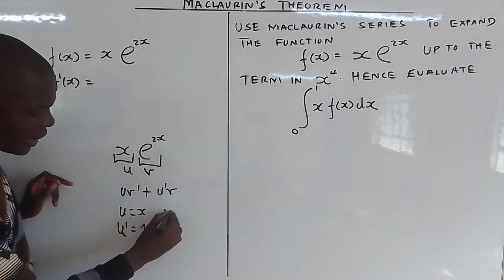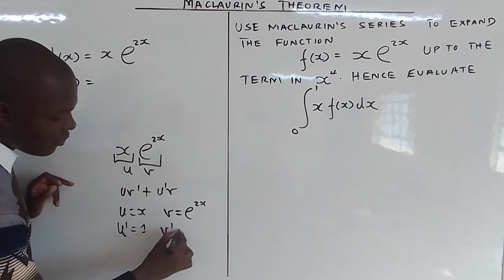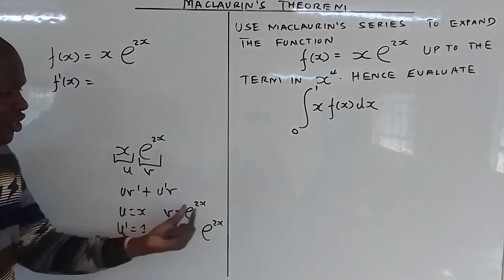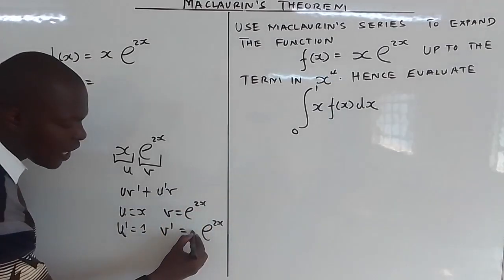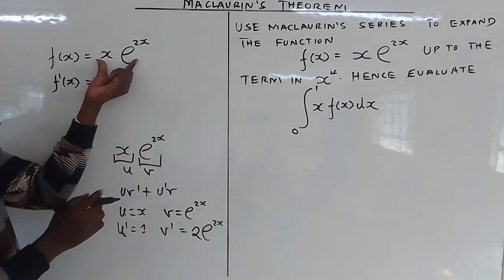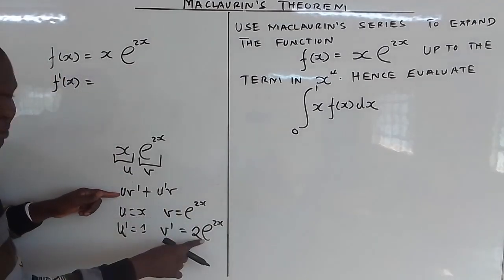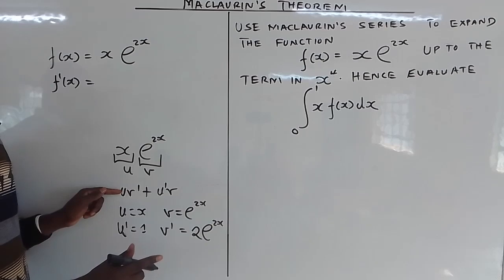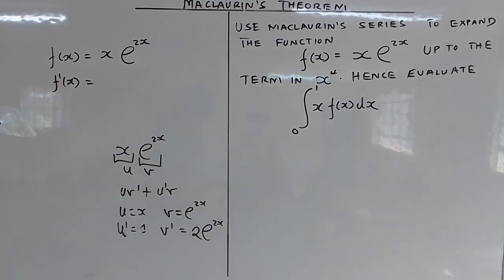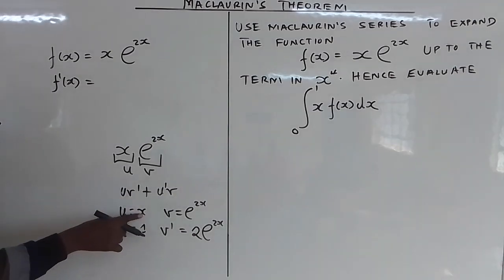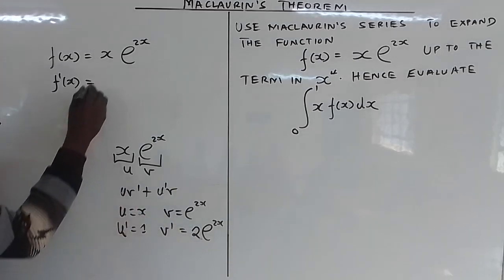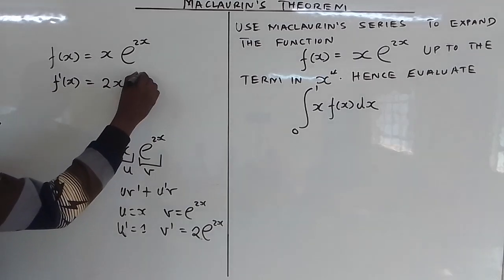If v is exponential 2x, then if you differentiate v, exponential 2x remains the way it is, then you differentiate the inner function. If you differentiate 2x, you get 2. So we get u v prime, u is x times v prime is 2 exponential 2x, so 2x exponential 2x.